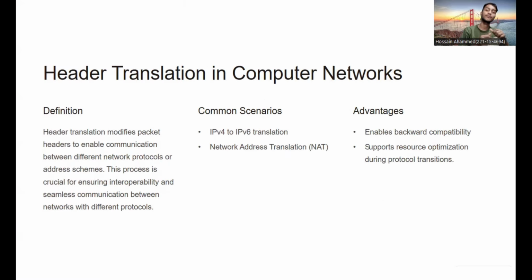Another concept of tunnels is that it basically adds a header to the data that I want to transfer from one device to another device, or one network to another network, for example from IPv4 to IPv6.